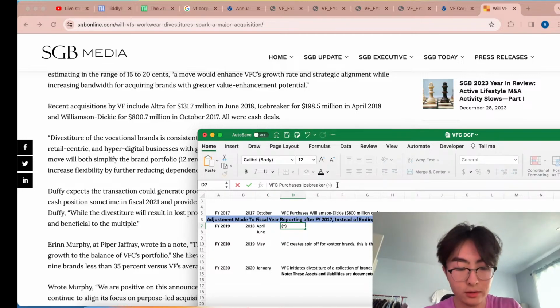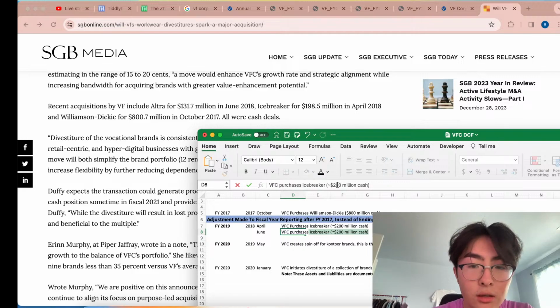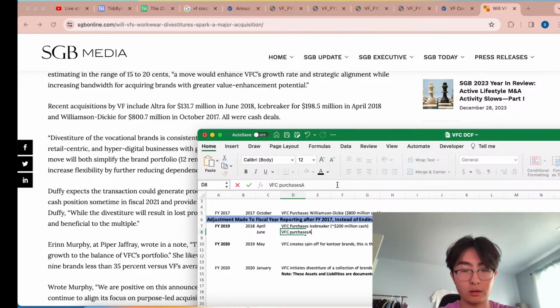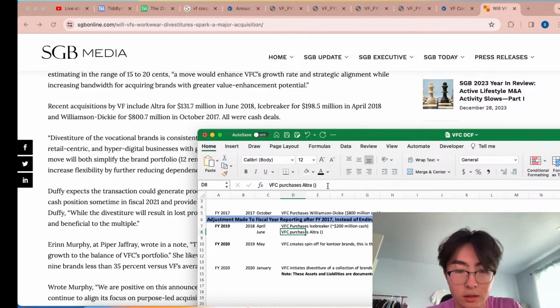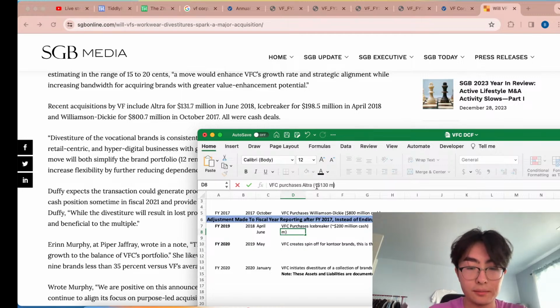So around $200 million cash, and then VFC purchases Altra. So this is around 130 million cash. All right.